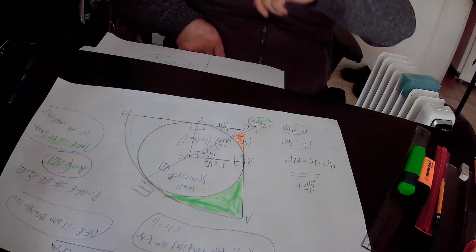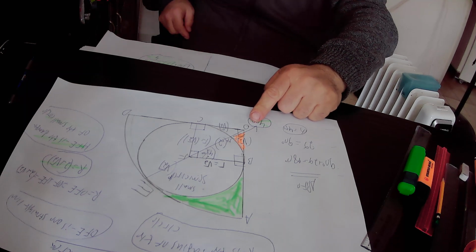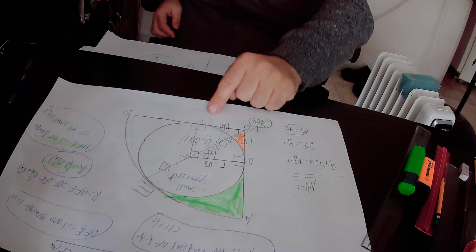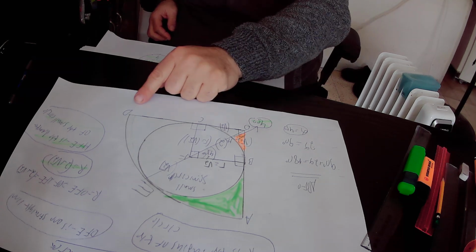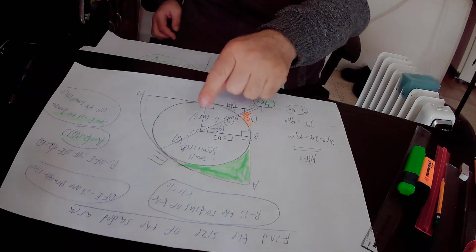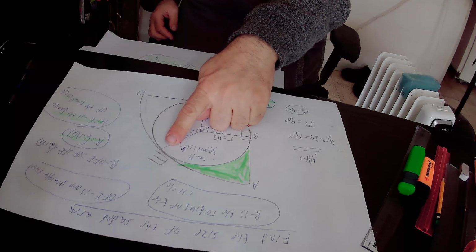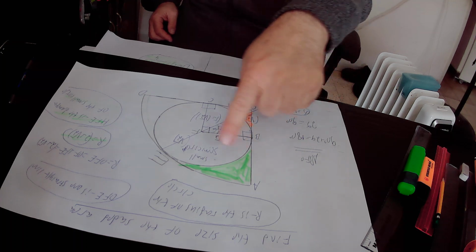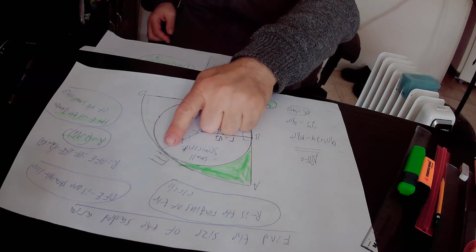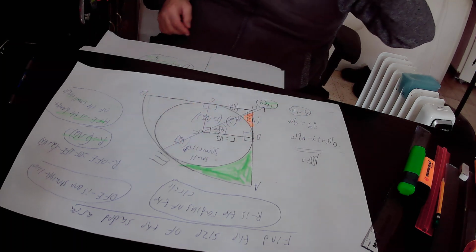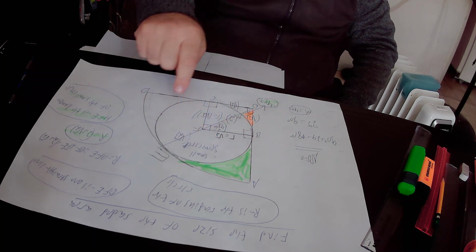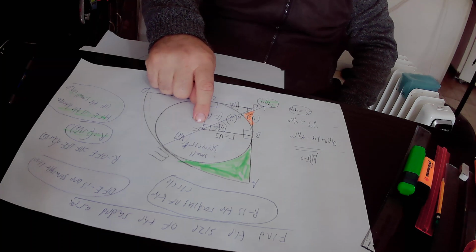So we define the center of the big circle, this point, as O. We define this point as C, we define this point as D. This point is the touching point between this small circle and the big quarter circle. We define the touching point as E. And finally we defined the center of this small circle as F.